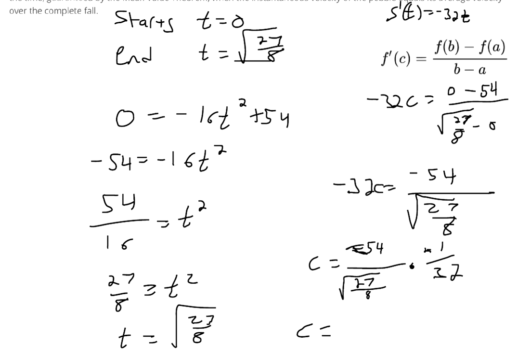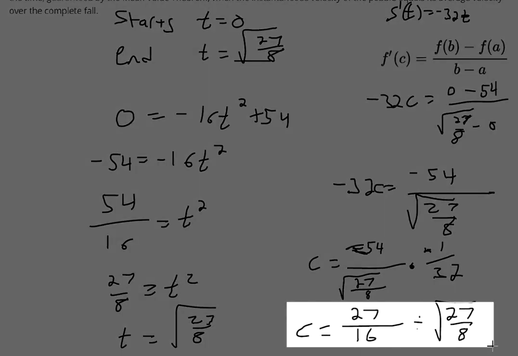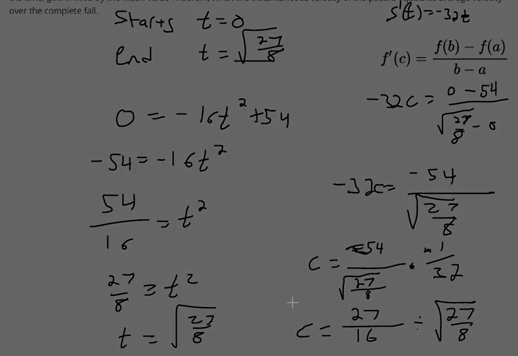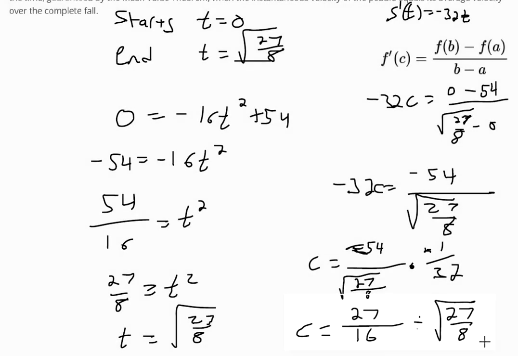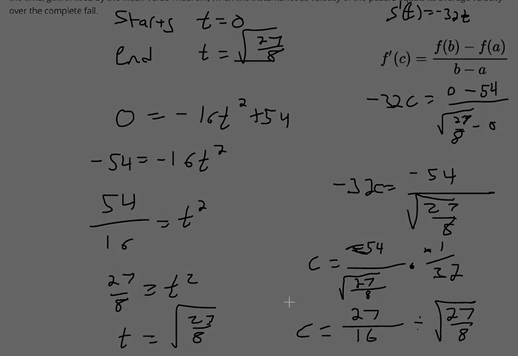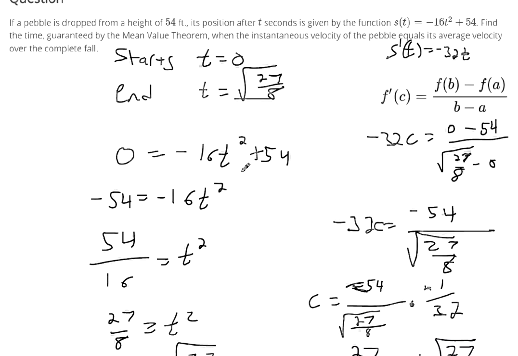Then I get 54 over 32, that's 27 over 16. And I'm going to move this fraction off to the side. That's the square root of 27 over 8. I'm running out of room. Okay, that's good enough.